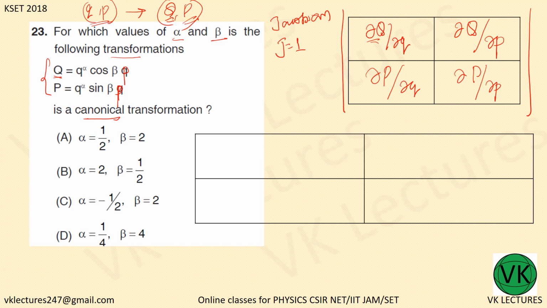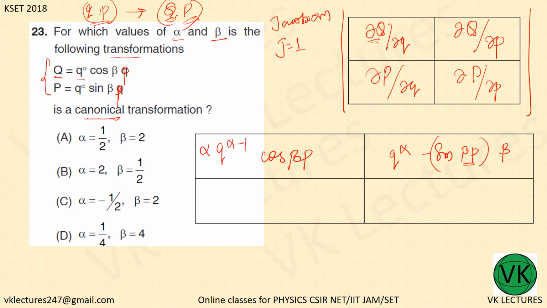This is alpha into q power alpha minus 1 into cos beta p. Now dou capital Q by dou p is q power alpha into minus sin beta p, into the derivative of beta p, which is simply beta.